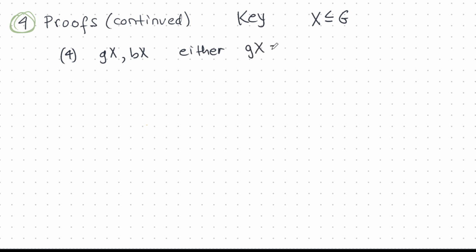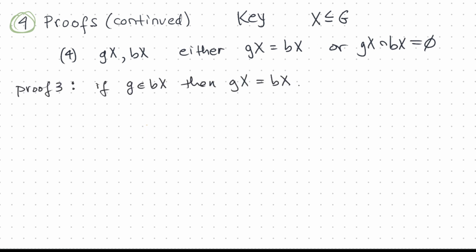Either these two are exactly the same, or they are disjoint. Okay, so that's very interesting. This is not what we saw with arbitrary set X, but this is what we saw if we roll back in the video to the numerical example that I did, when X was a subgroup.